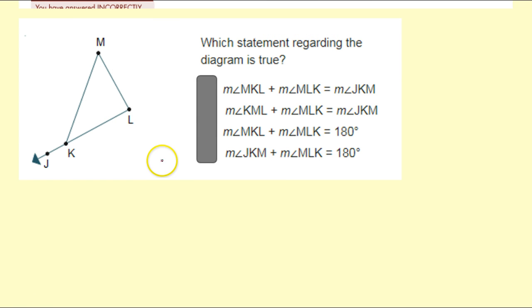Alright, it's starting to feel like all of these problems are really the same problem over and over again. So the good news is once you learn how to do this one problem, you're definitely going to do well on a quiz about this. So let's do the same thing one more time. We've got angle MKL. So that's this angle right here.